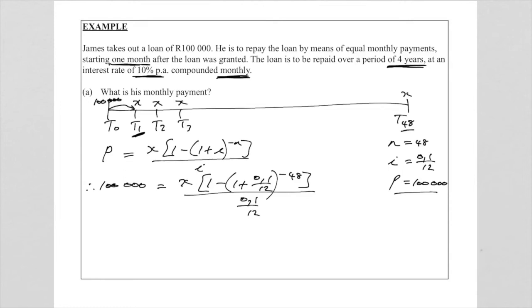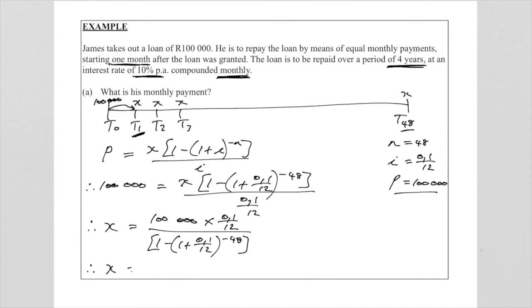Now we multiply both sides with the denominator, we divide with a whole bracket, and that will give us our monthly payment of X. So we will have 100,000 times 0,1 over 12, and we divide by 1 minus 1 plus 0,1 over 12, my exponent minus 48.